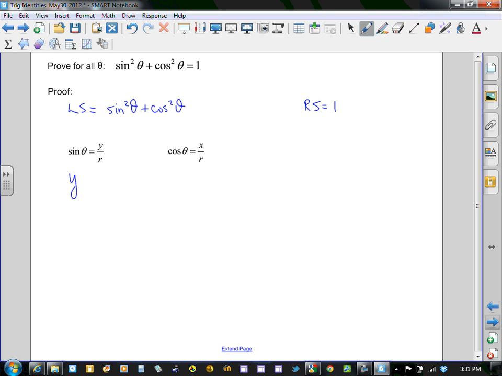So in this case, if we isolate the y, we'll see that it is equal to r sine theta. What we'll do on the right-hand side is the same thing. We'll solve for x, and we'll determine that x is equal to r, the radius, times the cosine of theta.